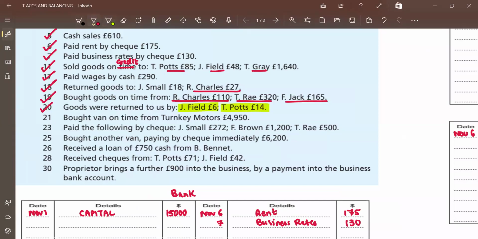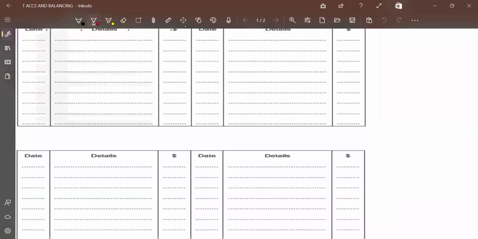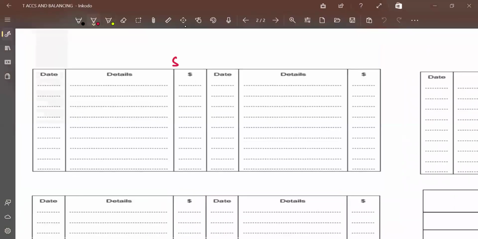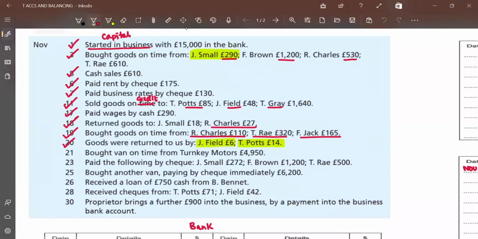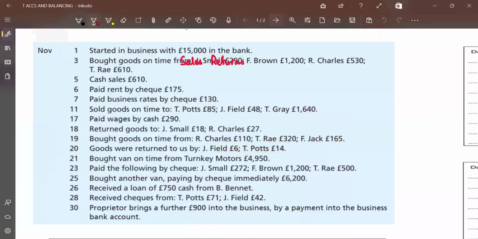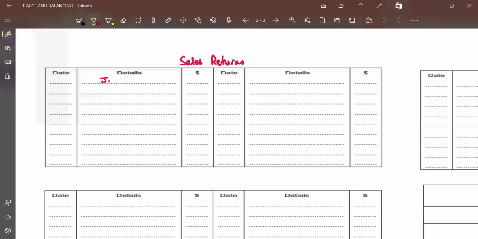So I'll have to go to the other page, write down sales returns, and sales returns are always debited because sales returns are contra to sales, because they reduce sales. Now, the amount of goods that were returned to us: J Field $6 and Teapots $14. So this is J Field on the debit side $6 and Teapots on the debit side $14.